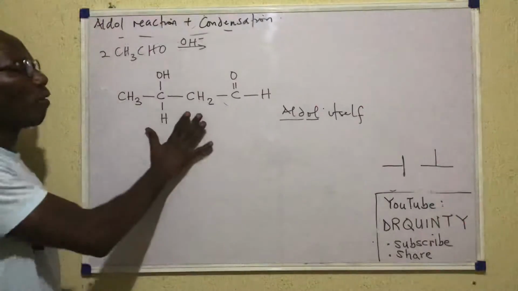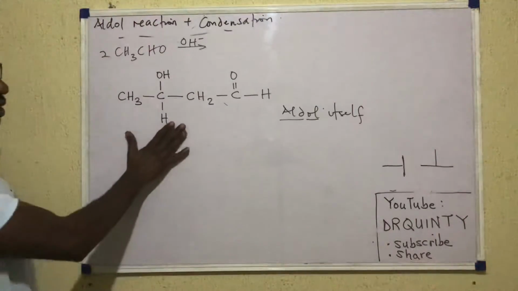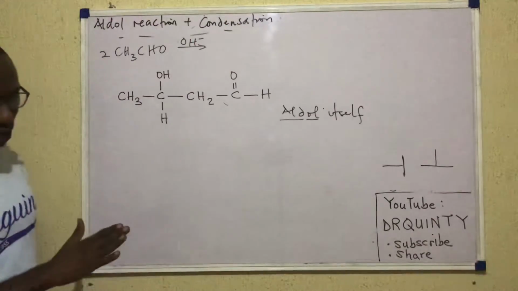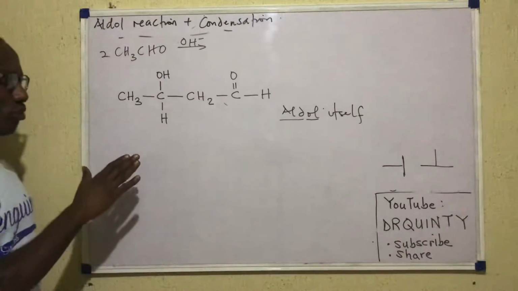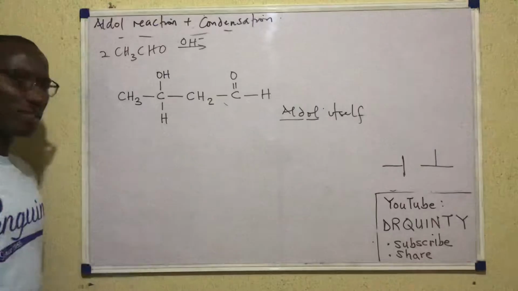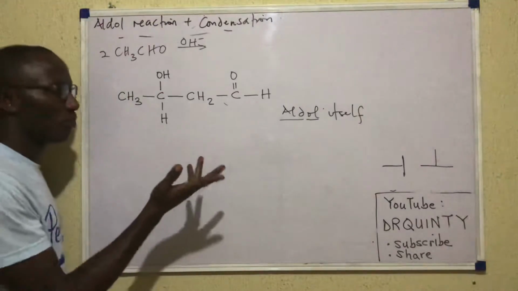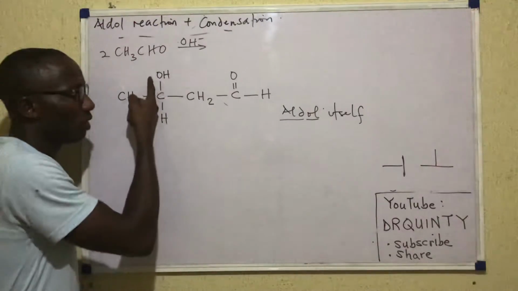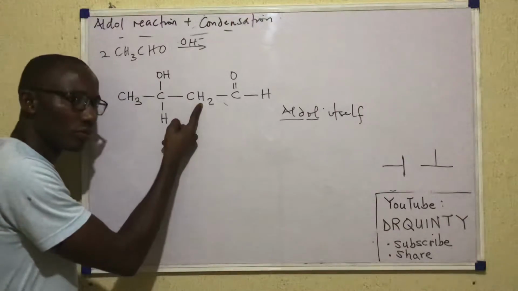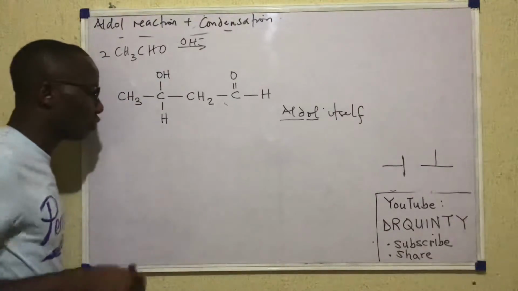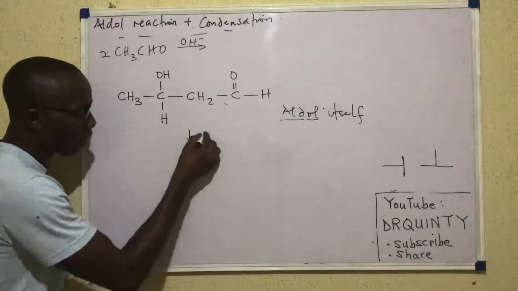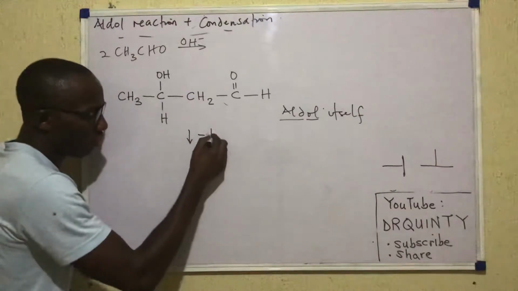Now, I have formed my aldol. So what has taken place now is aldol formation. But what if I were to make it aldol condensation? In that case, I'll have to remove a water molecule, so OH will leave here, and then H will leave there. So I'm going to draw my final product after condensation, after removal of water.